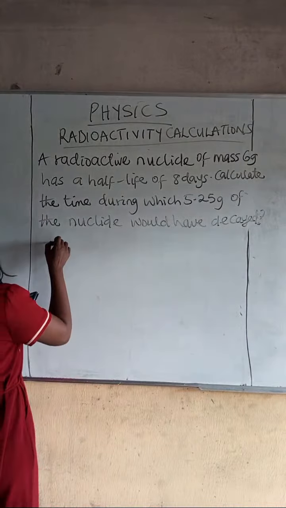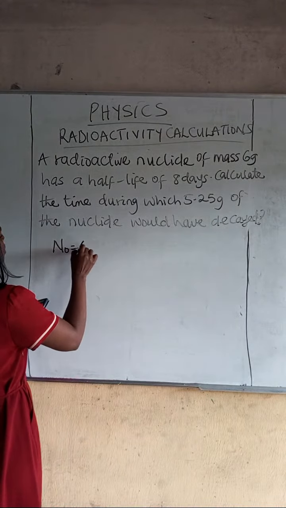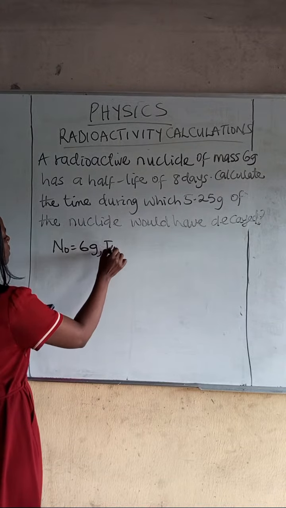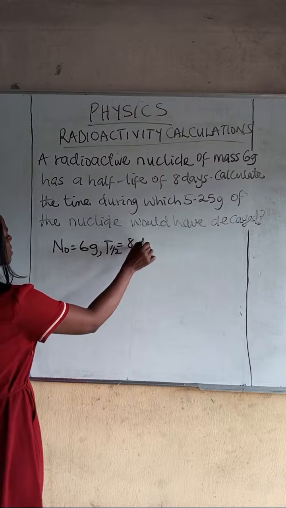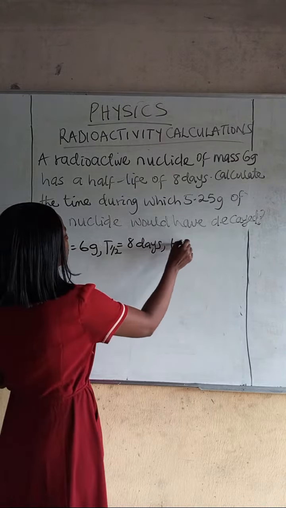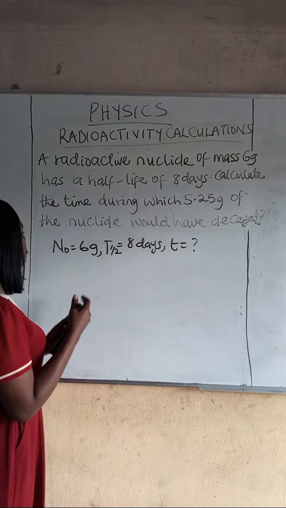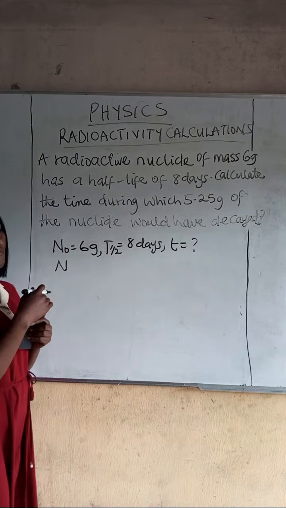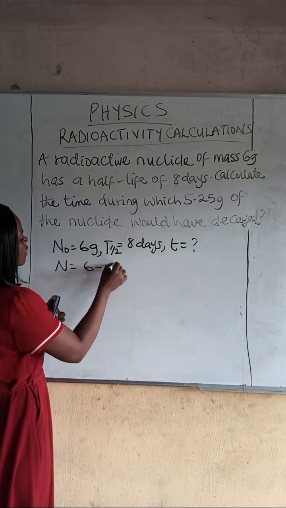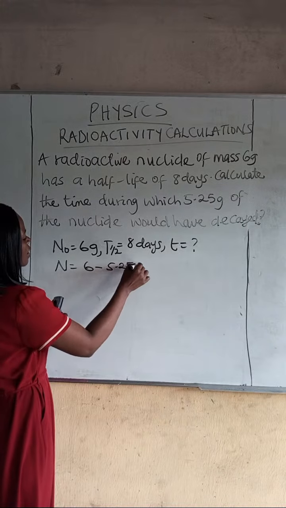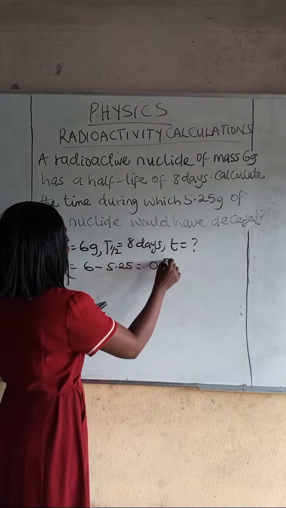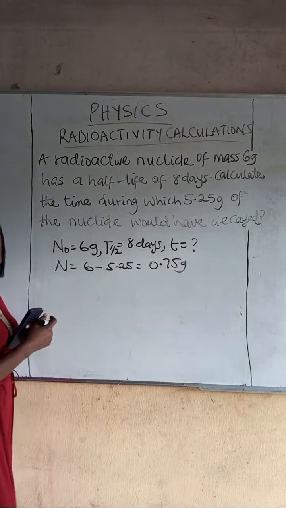All right, let's go. My N naught is equal to 6 grams, okay? Then half-life is given as 8 days. We are asked to find the time, all right? But how do we get our number of atoms remaining? So I'm going to say 6 minus 5.25, and the answer becomes 0.75 grams, right?